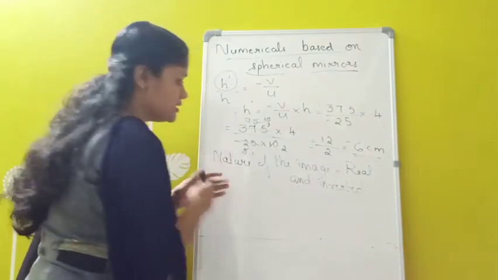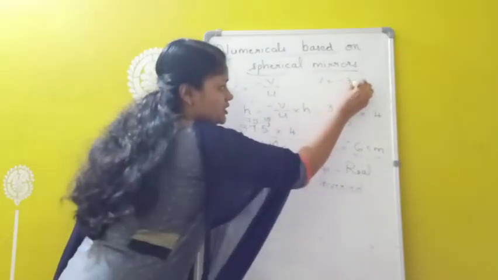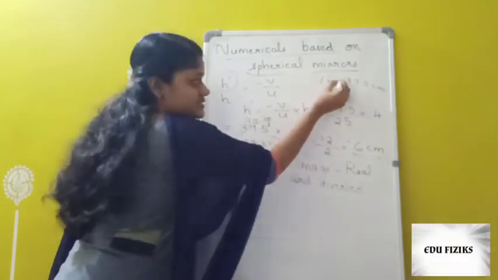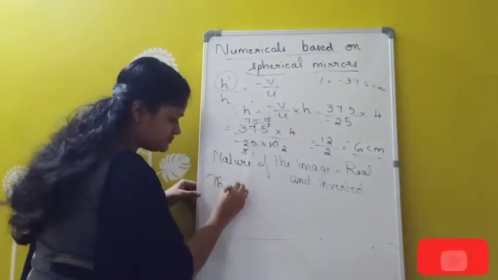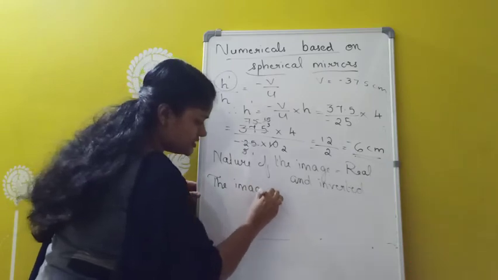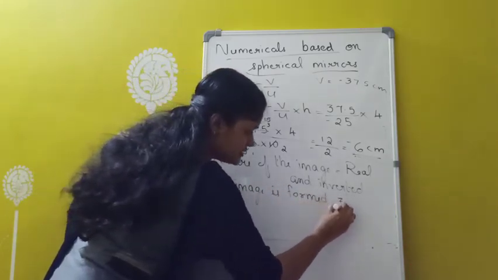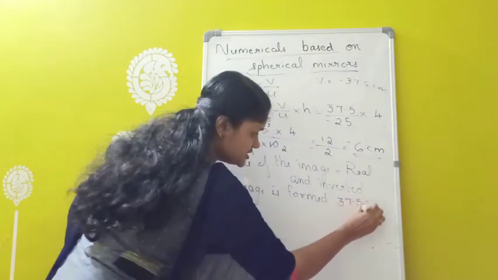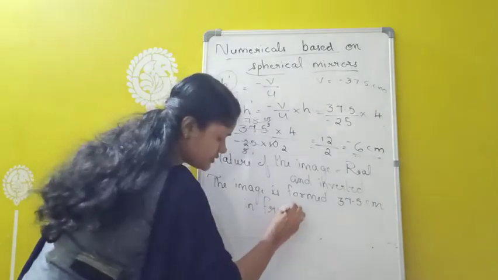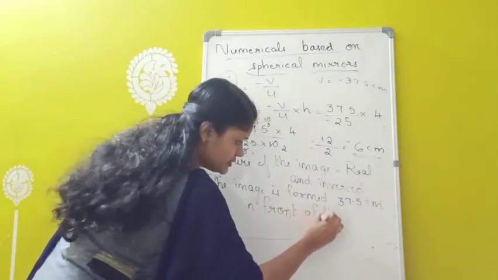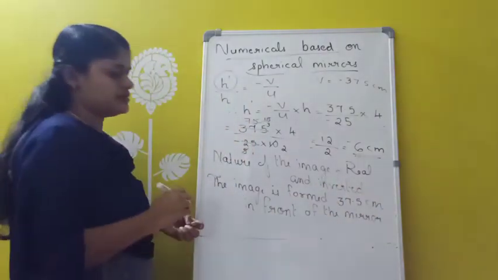That you can also write, because we got V equals minus 37.5 centimeter. This minus indicates we are getting the image in front of the mirror. So the image is formed 37.5 centimeter in front of the mirror.